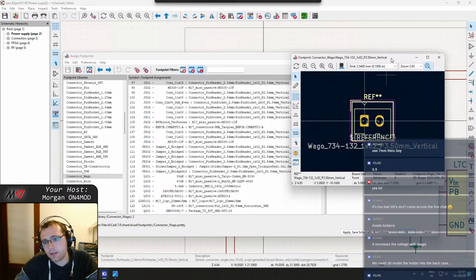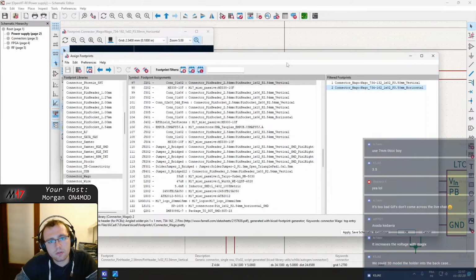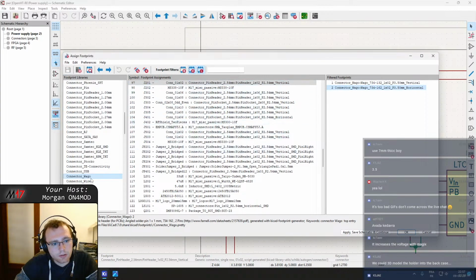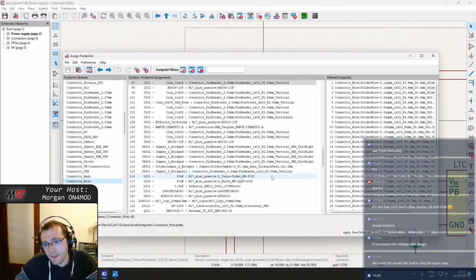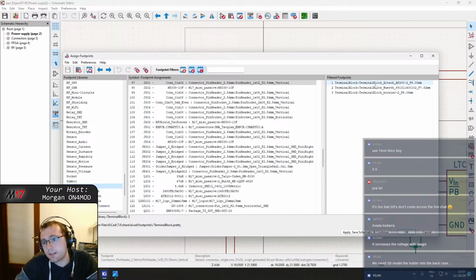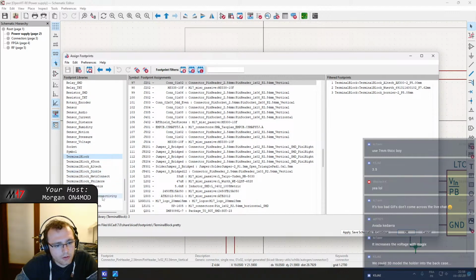Yeah, that's kind of what we are looking for. Not really. Nope. Terminal block, yes, that's it. Except that they don't have the pitch that we are looking for.